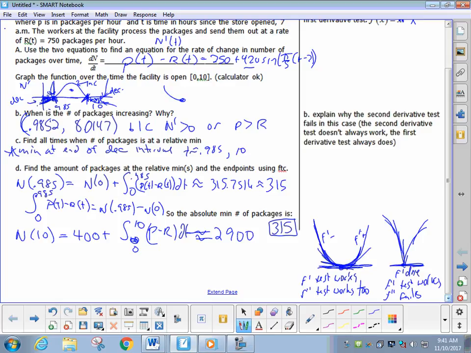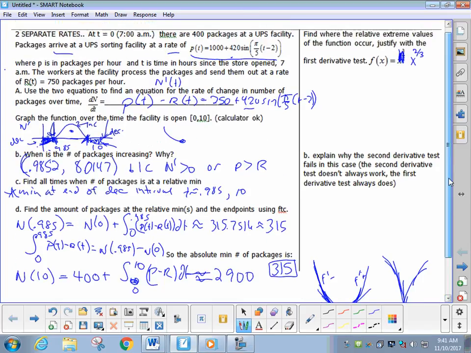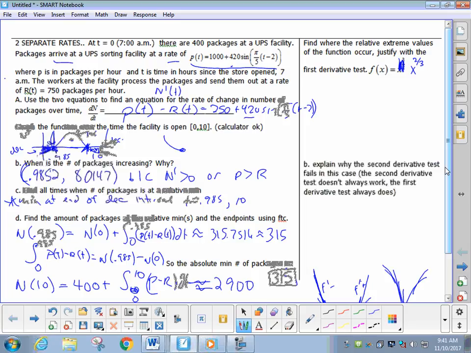And in those cases, you have to go back and say, I guess I'll use the first derivative test. That's what I'm trying to get across to you here, what that looks like when you go to try and use a second derivative test. Again, this was supposed to be x to the 2/3. The derivative here is 2/3 x to the negative 1/3, or 2 over 3 cube roots of x.